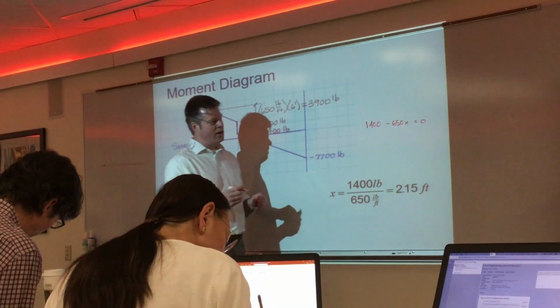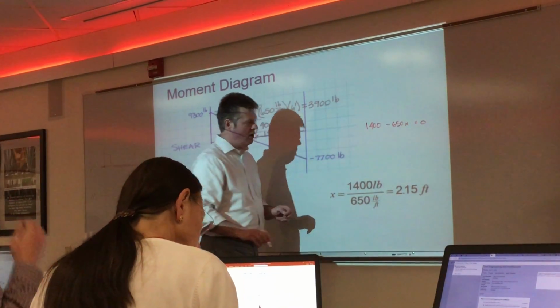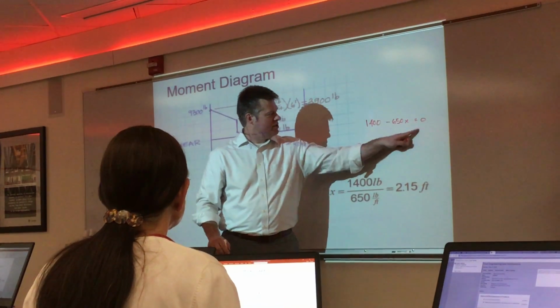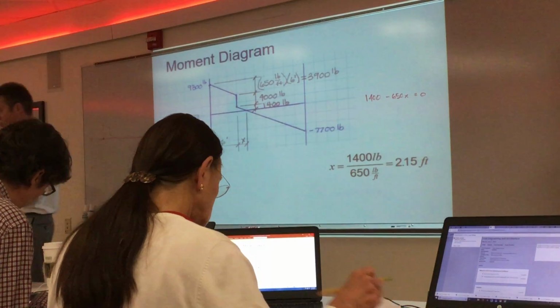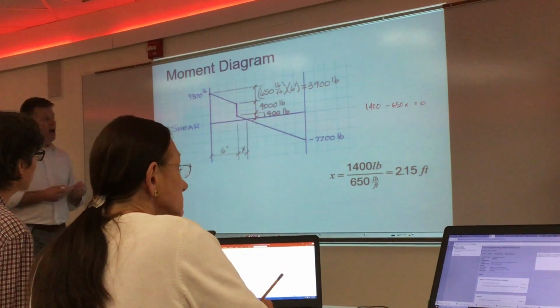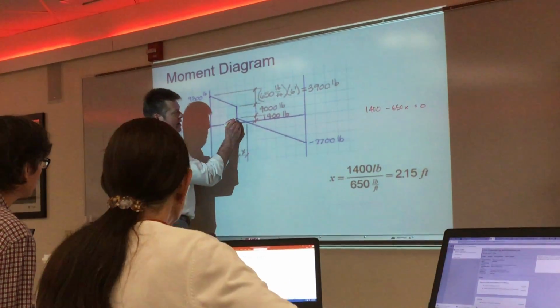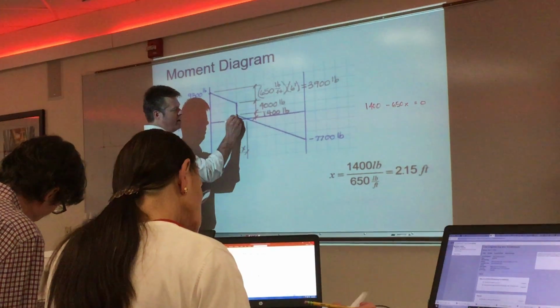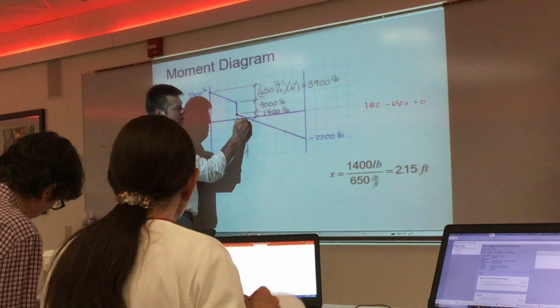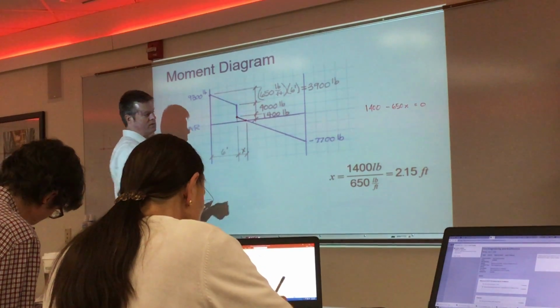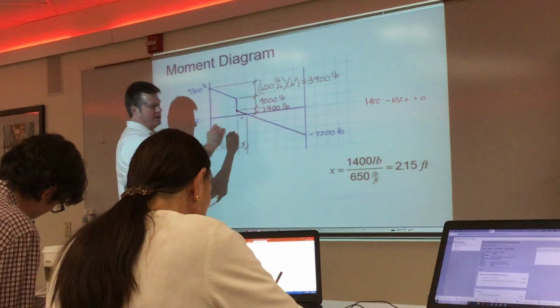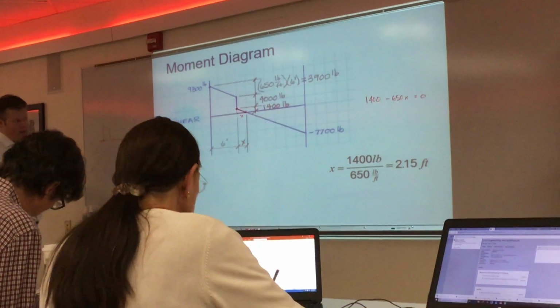So if I take 1400 minus 650x equals 0, notice that what they did was they moved this to the other side, divided by 650, and solved for x. So it's simply the equation of a line. When I look at this, I'm looking at the last stop point that I know of, and I look at that triangle such that I know that magnitude is 0, and I can use the slope to figure out what that distance is.